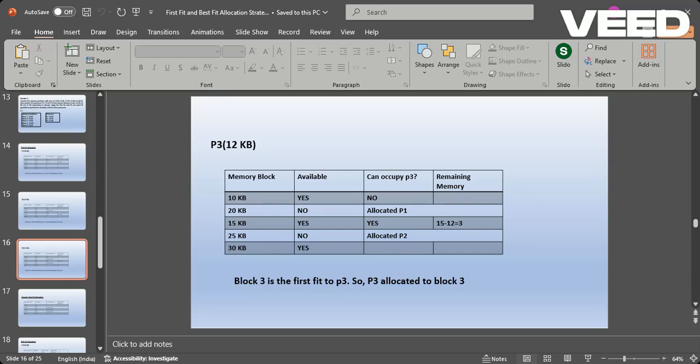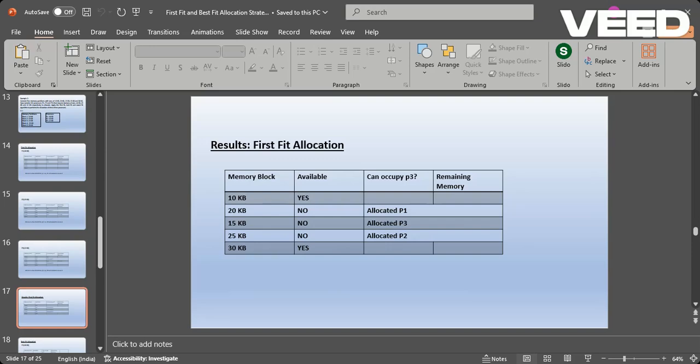So block 3 is the first fit for P3, and P3 will be allocated inside block 3. After the first fit allocation, block 2 is allocated P1, block 3 is allocated P3, and block 4 is allocated P2. This is the first fit allocation strategy's result.